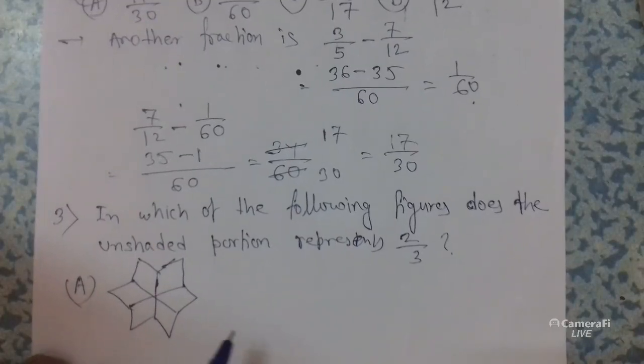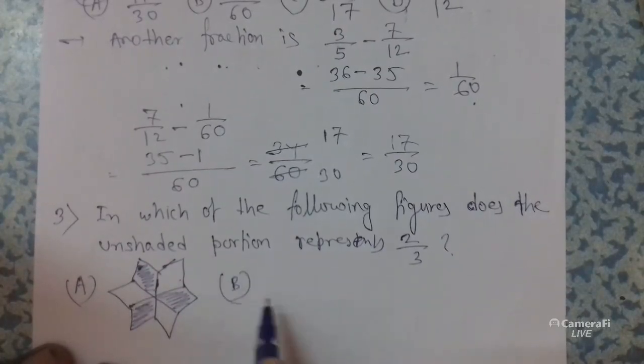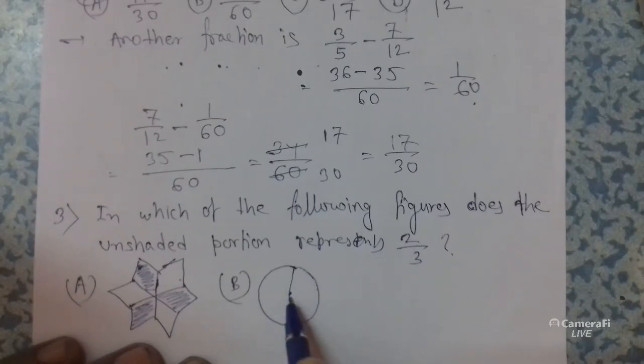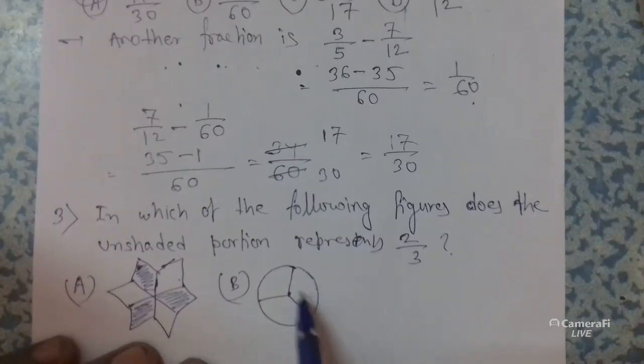and shaded regions are, this one is shaded, this one is shaded and this one is shaded. So the rest of the three are unshaded. Option B. This is a circle and this has 3 parts and shaded is only one.